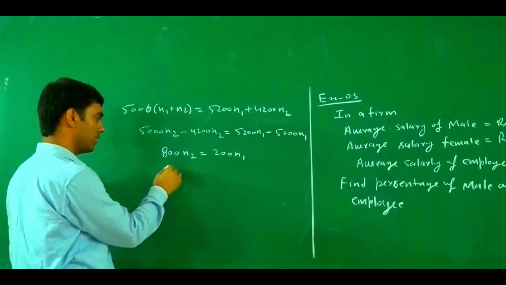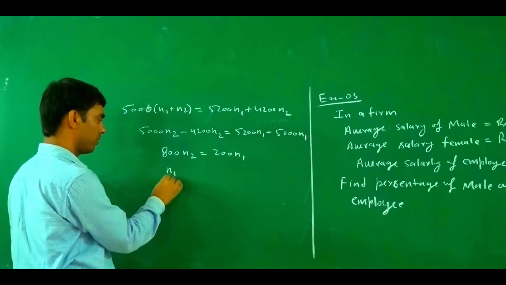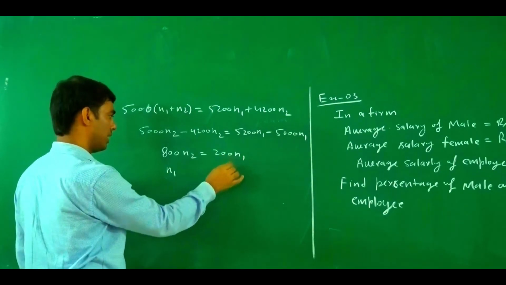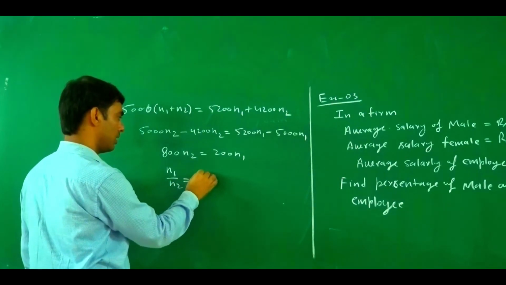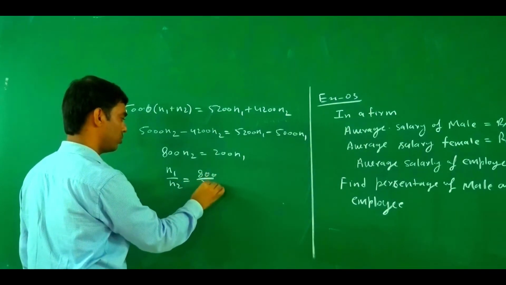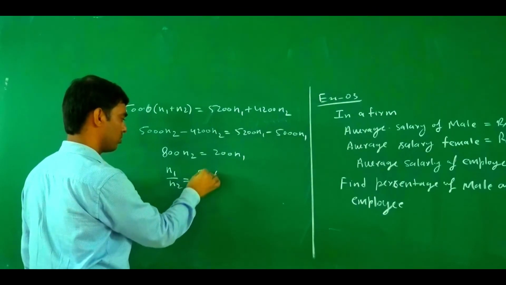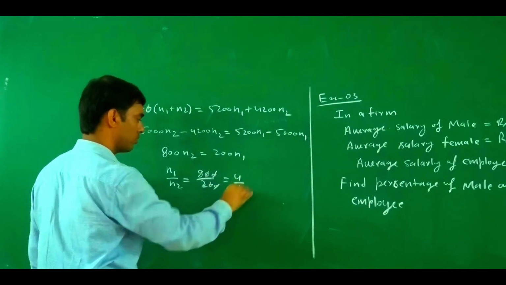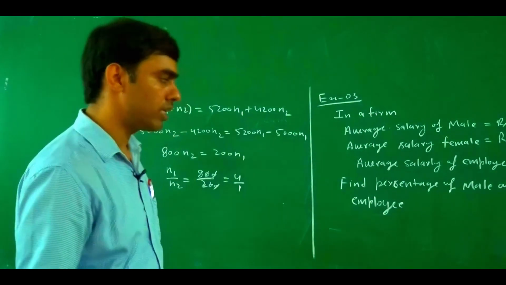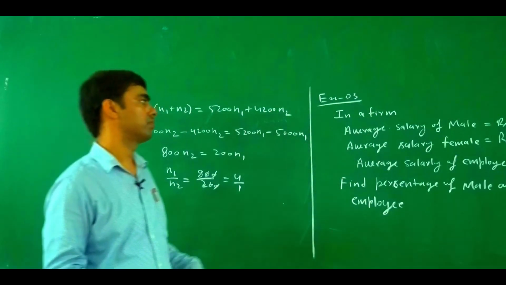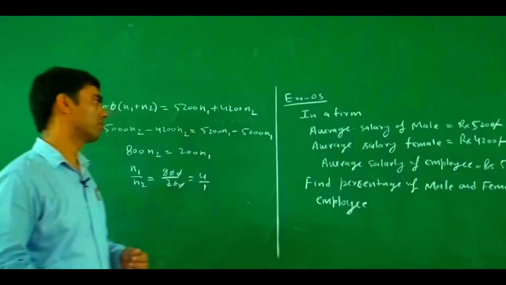So n1 by n2 equals 800 divided by 200. This becomes 4 by 1. So n1 and n2 are the numbers of male and female employees in the firm.